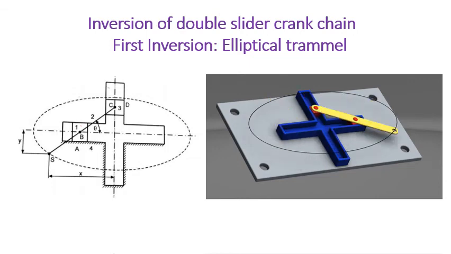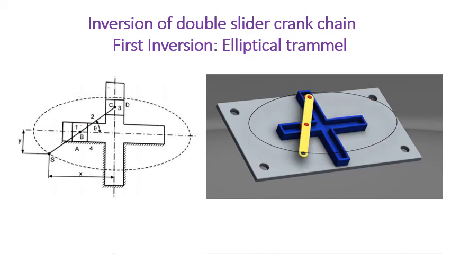Any point, that is point S, on the extension of the link CB will trace the path of an ellipse when the sliders C and B slide along their respective slots.